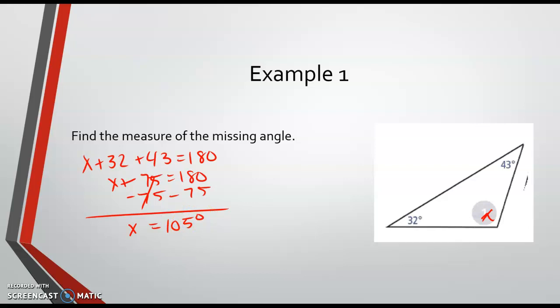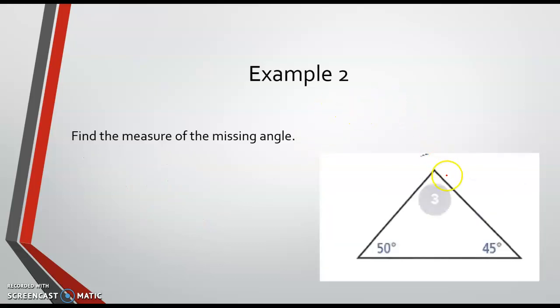Angle plus angle plus angle equals 180 degrees. Set it up, solve for our missing angle. So again, here we're looking for the measure of angle 3. I'm going to make that x. So x plus 50 plus 45 equals 180 degrees.